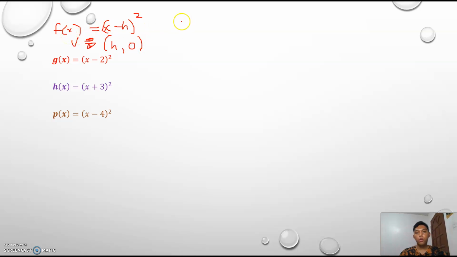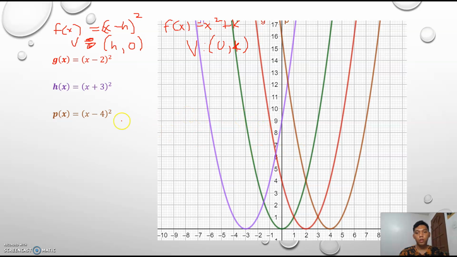In the last video, if the function given is of the form f of x equals x squared plus k, then the vertex will be (0, k), alright? So here it's (h, 0), and this one is (0, k). Meaning the vertex here is (2, 0). You need to get the opposite. So (2, 0), (-3, 0), and (4, 0). Alright? So these are the graphs.